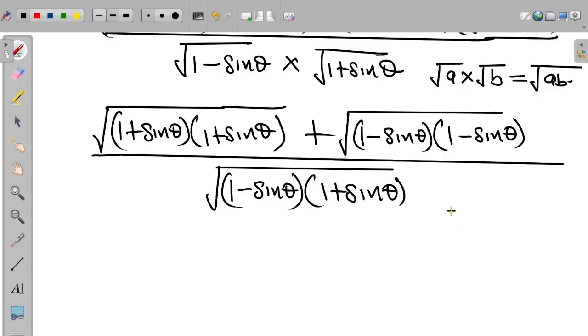Also recall that if I have root of a times a, this is equal to root of a squared, and the square will cancel out the root, so I will be left with a.